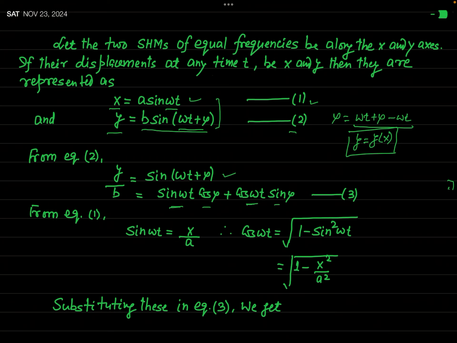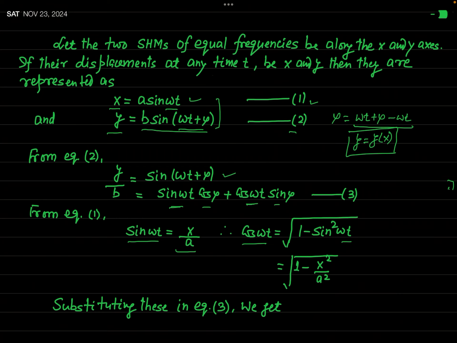From equation 1, we can write sine omega t is equal to x over a. But our equation also contains cos omega t, so let us find the value of cos omega t in terms of x. Cos omega t is given as the square root of 1 minus sine square omega t.